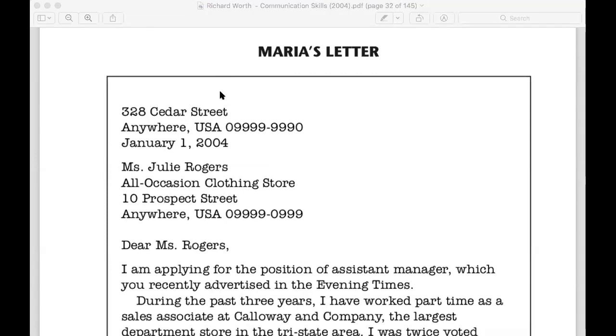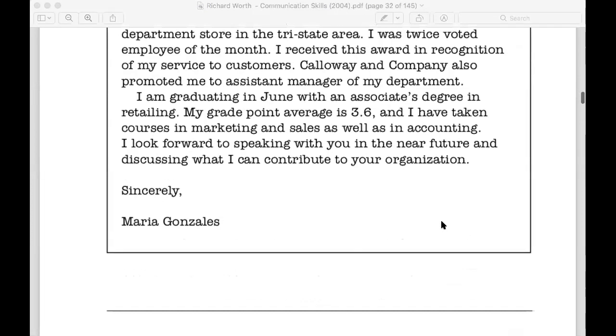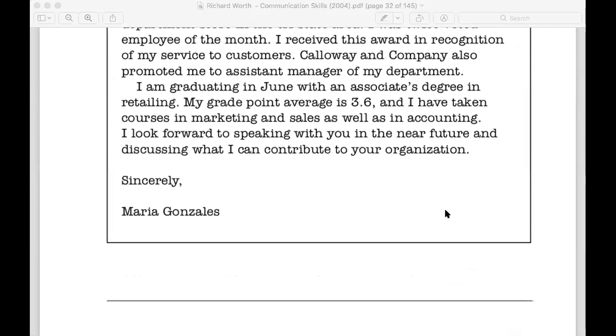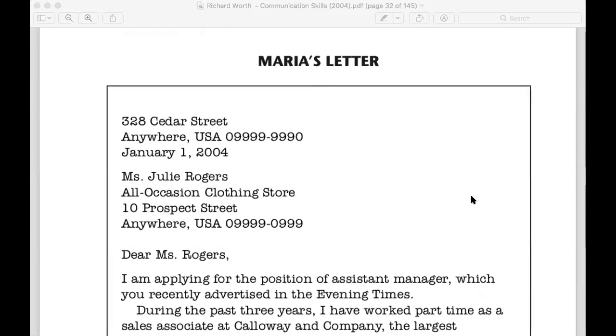Otherwise, if you remember your school times, we used to write the address here, and then we used to end the letter on the right hand corner of the page. But right now, since we are following the American style of writing these documents, it's all on the left side of the paper.